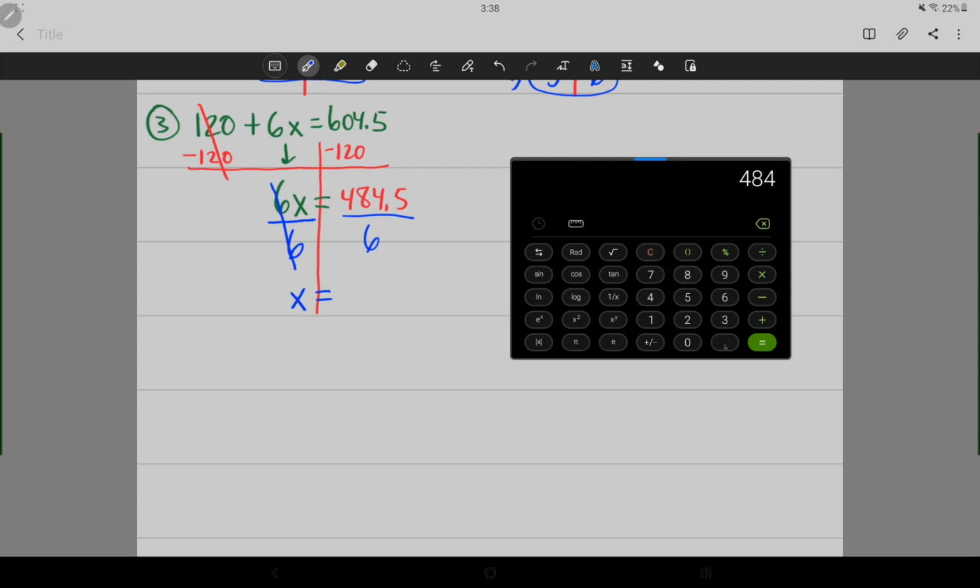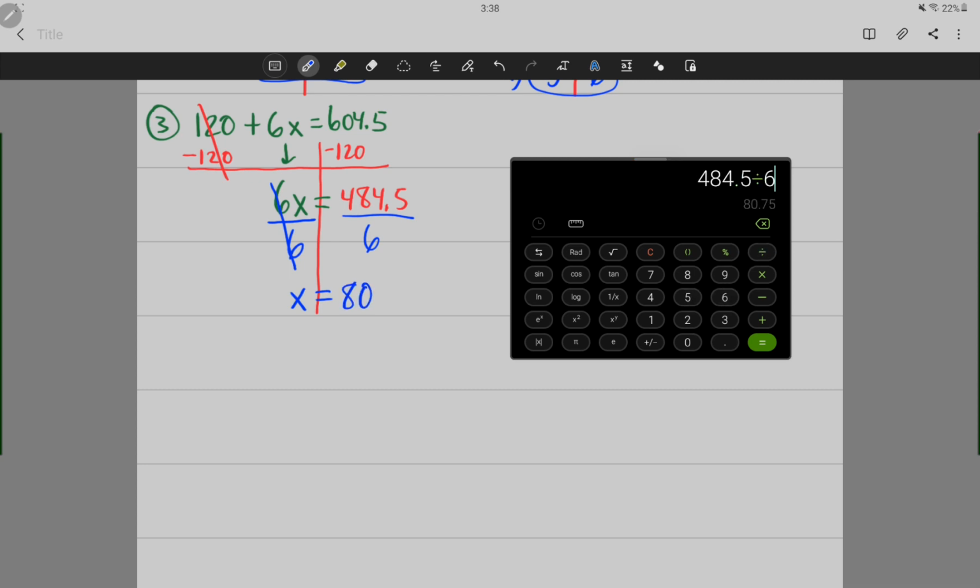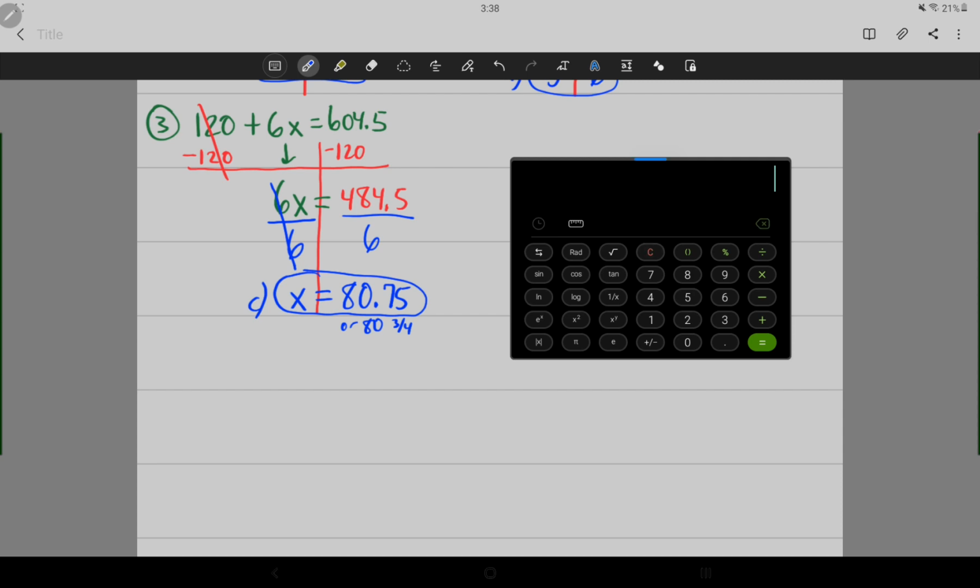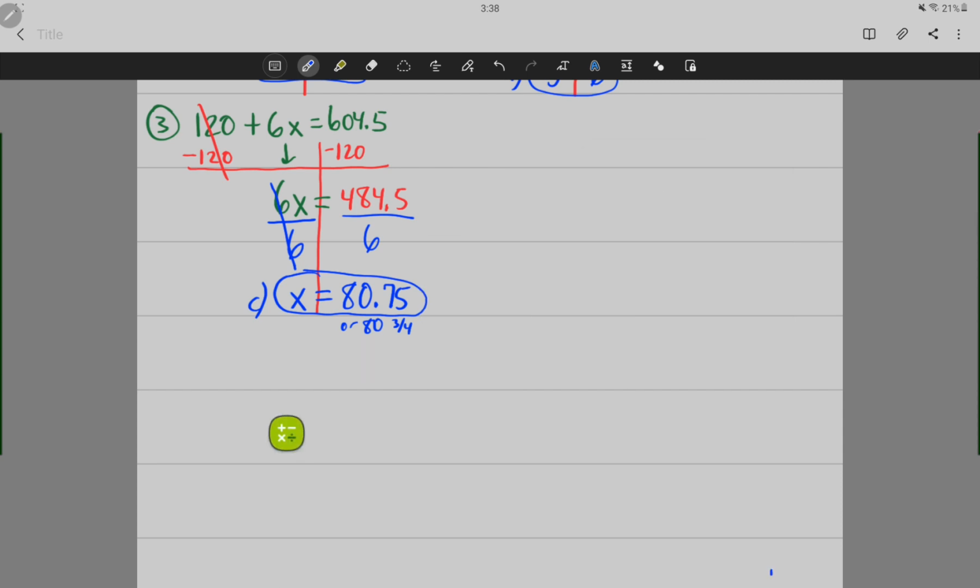And 484.5 divided by 6 gives us 80.75 pounds, which is choice C. Okay, if you use fractions, that would be 80 and 3/4. So they're both equivalent, but on this choice it has a decimal, so let's go with 80.75. Okay, so that's number 3.